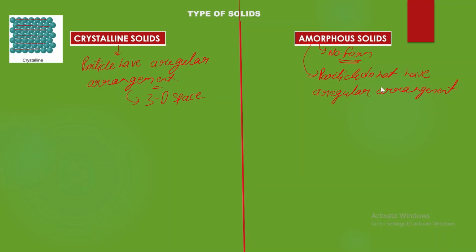I hope that is clear. In this picture you can see some particles are closely packed and some are far away from each other. This type of arrangement is mostly seen in amorphous solids.